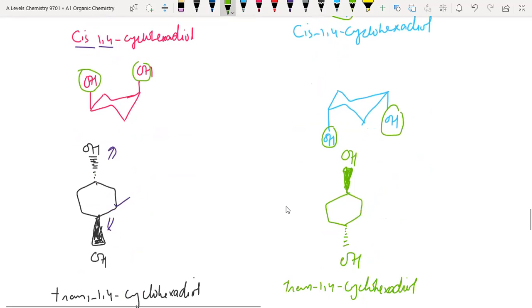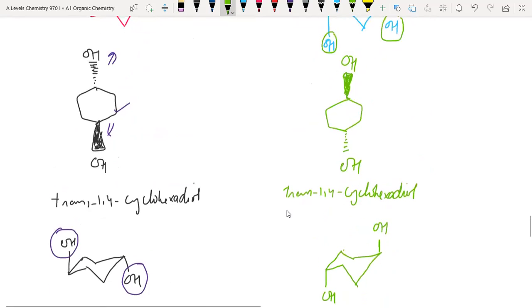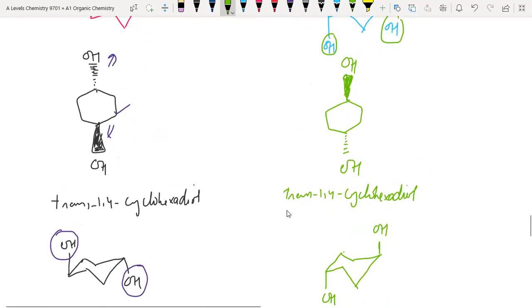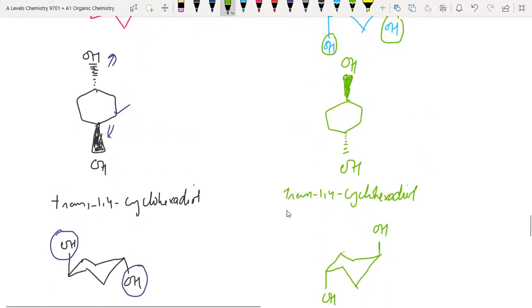Now let's move to the trans structures. This is a trans structure. Trans 1,4-cyclohexadiol. This is a cyclohexane, which is a derivative with OH functional groups.